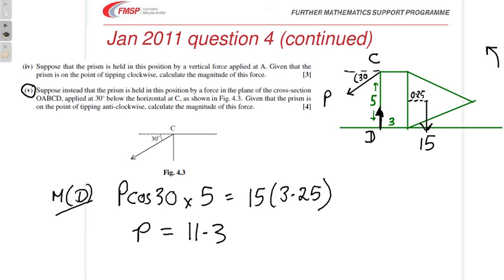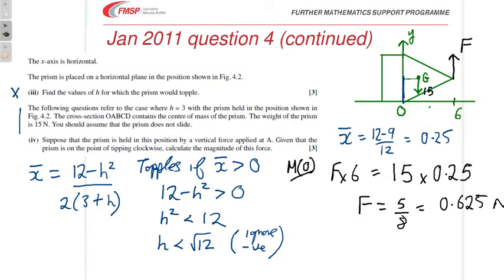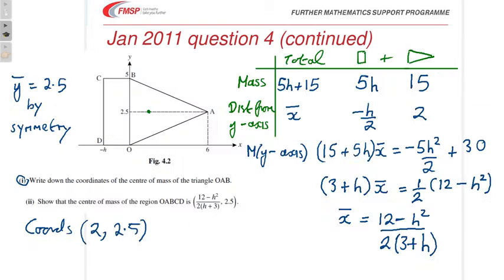Right. Let's quickly have a look at where the marks were for this question. We've got to go back quite a long way. Right, this is the first bit. For this part then, there was 1 mark for getting those coordinates.